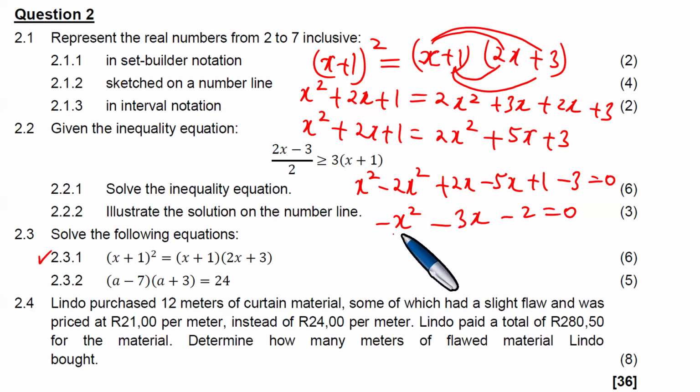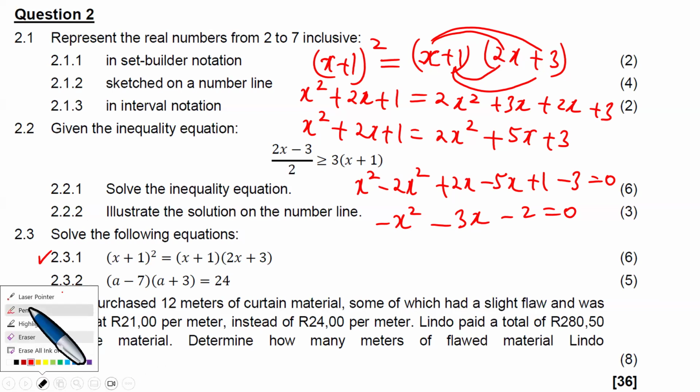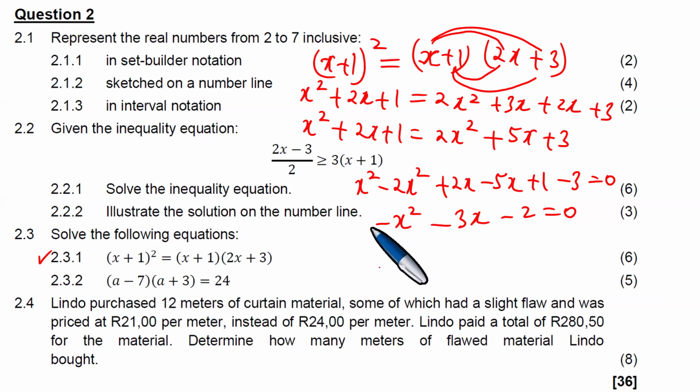So now at this point, we need to solve for x. And to solve for x given a quadratic, we need to make the coefficient of the x squared term positive. It's easier. Okay, so now we can decide to divide by -1. Alternatively, because we want to change this sign here, we multiply by -1.